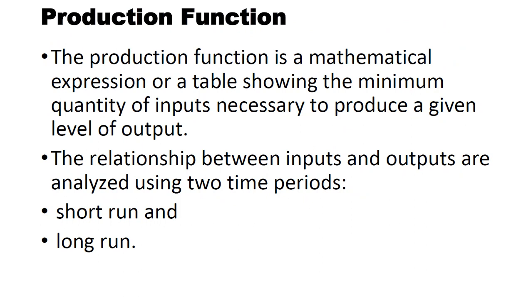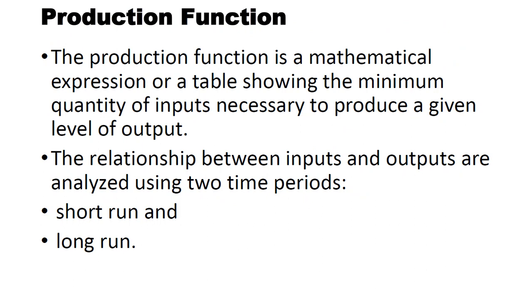In analyzing the relationship between inputs and outputs, it is important to consider two time periods, the short run and the long run. In this topic of production, our focus will be on the short run production. In the short run, some factors of production are fixed, while others are variable.